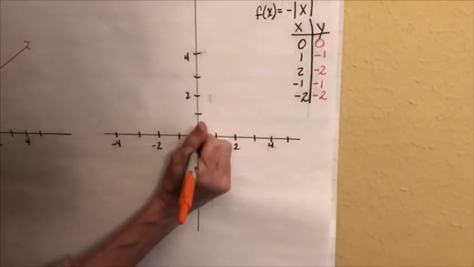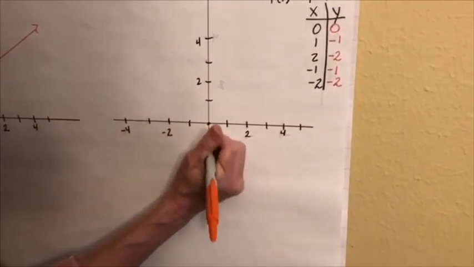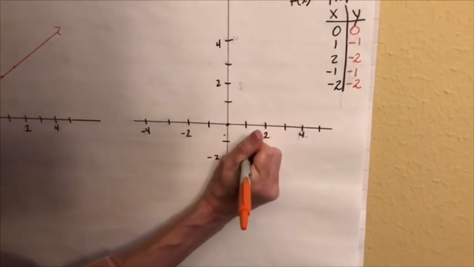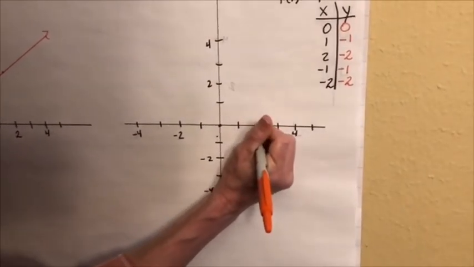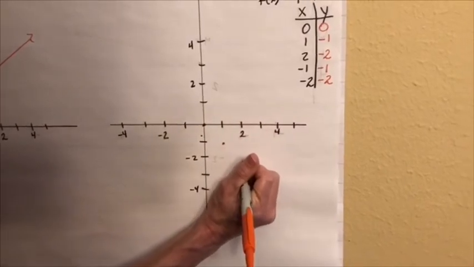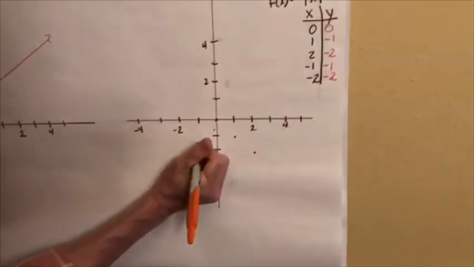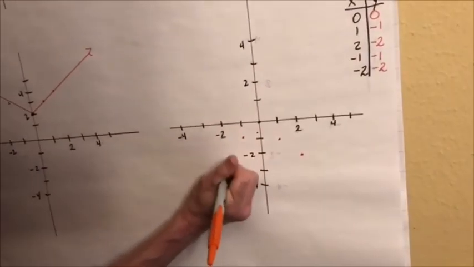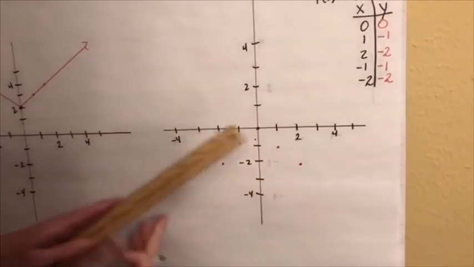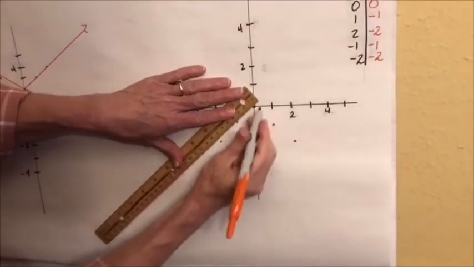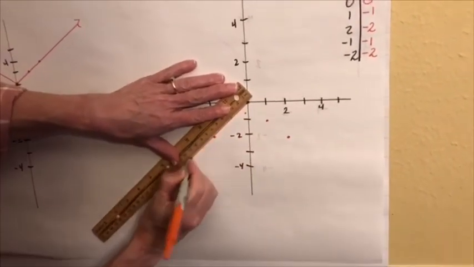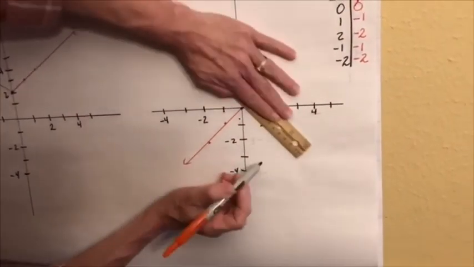So when we graph this one, 0, 0, 1, negative 1, 2, negative 2, negative 1, negative 1, negative 2, negative 2. And we have the same look, just flipped upside down, similar to how the parabola worked in the negative.